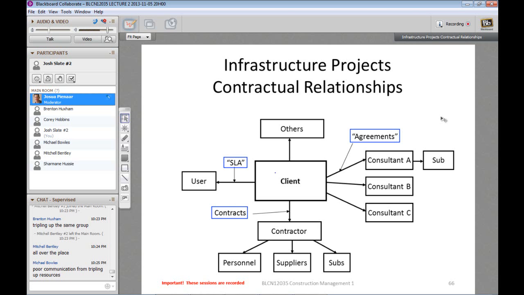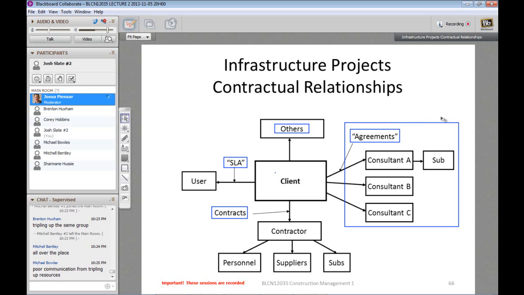All right, so are they going to be professional services? Are they going to be straightforward construction contracts? Are they going to be design contracts, design and build? Are they going to be EPC or EPCM? And what's the implication for each of our role players? Others might be anybody that's not defined in terms of a contract, other stakeholders, but we might have agreements over here with our consultants.